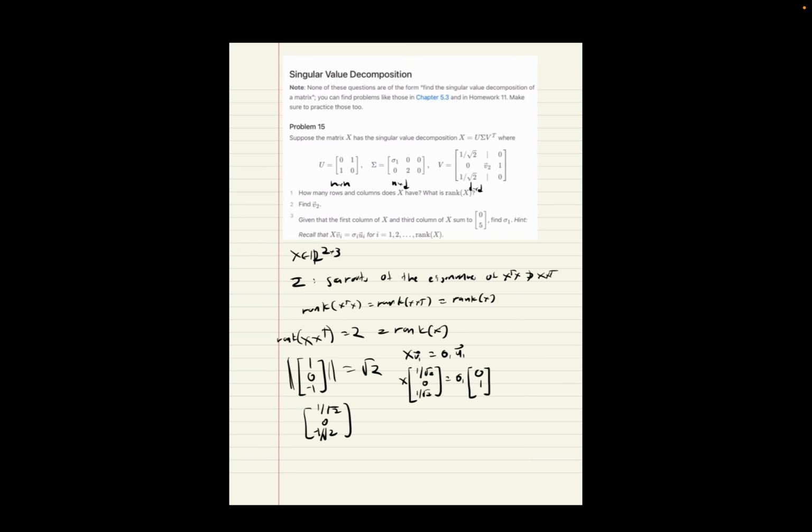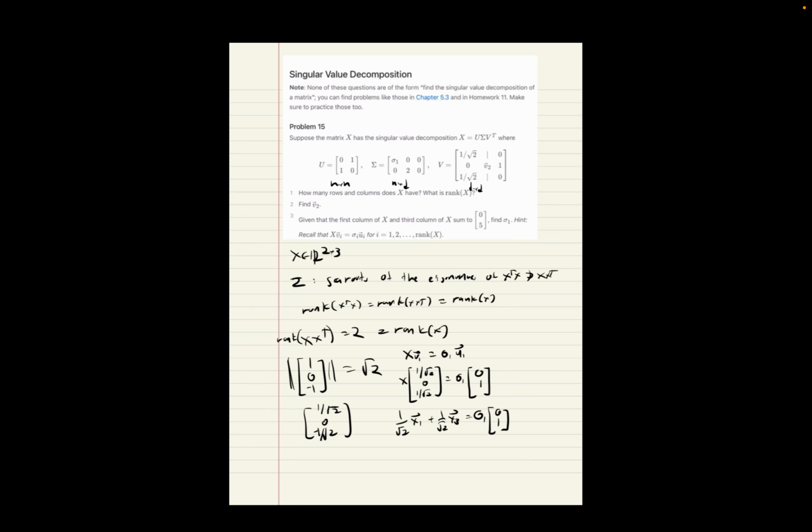So we would get something like this, where x1 and x3 are the first and third column vectors of X.